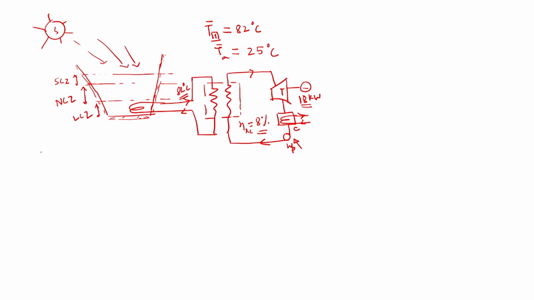And also we know the annual average global radiation, which is given to us, annual average global radiation, which is designated by Hg bar, which is given as 19,520, right.